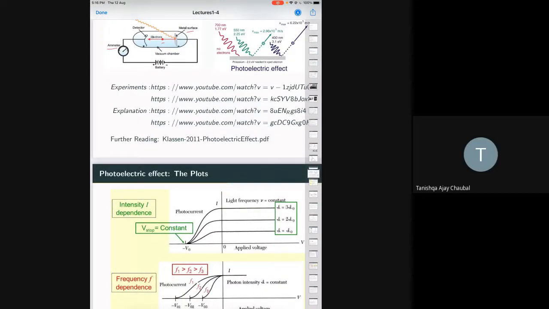Ma'am, yeah, I have a question. In the photoelectric effect, I understood the whole process, like you shine light of one frequency and then the electrons are released. But then how are they detected? You connect an ammeter to the circuit and you see that there is a current in that circuit.